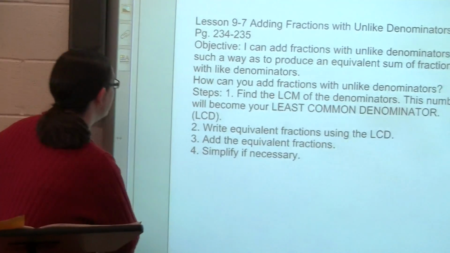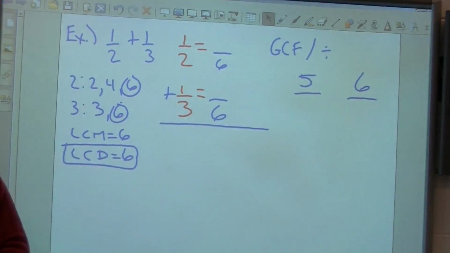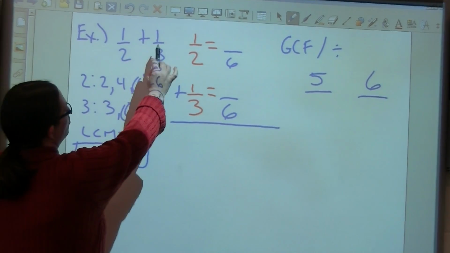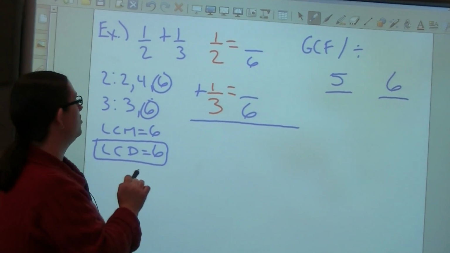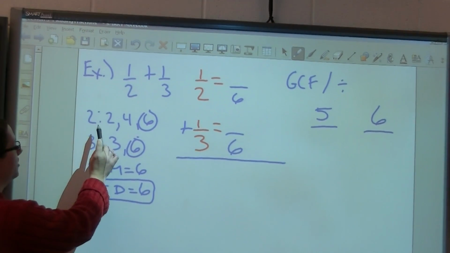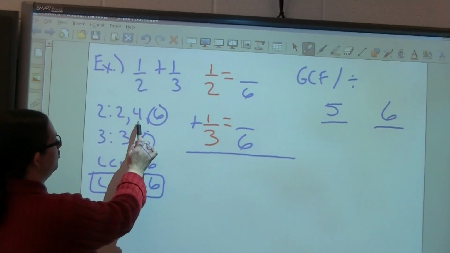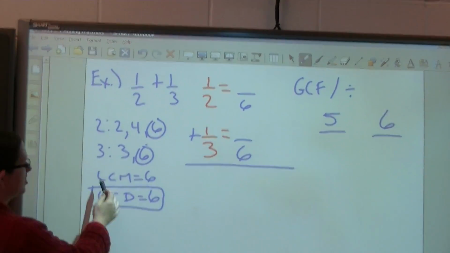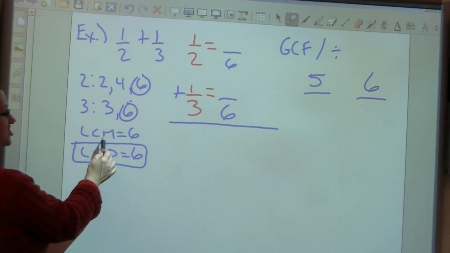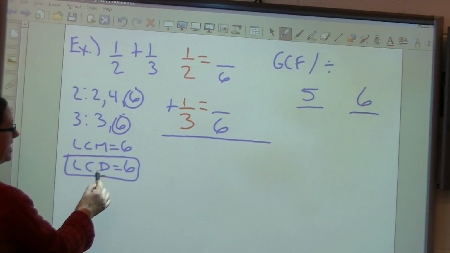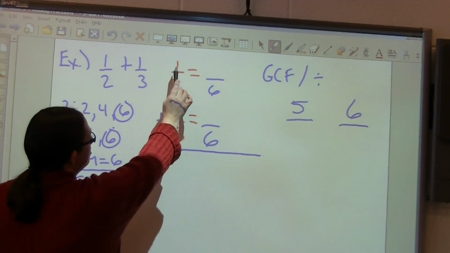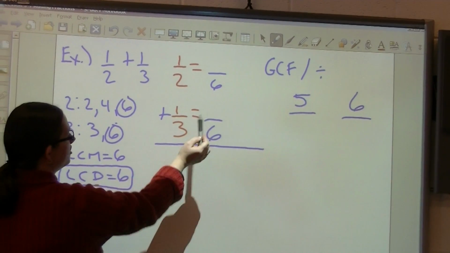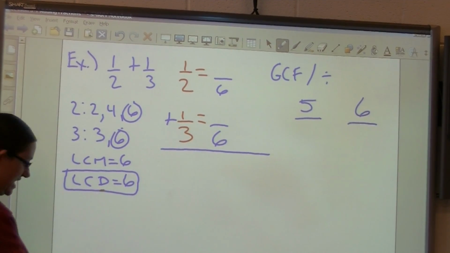Okay. All right, example 1. Let's go through it. We have 1/2, you want to write this in your notes, plus 1/3. And we're going to do what they basically wrote in the textbook. So let's get our multiples of 2 and 3. So you have 2, 4, and 6. And multiples of 3 are 3 and 6. So your LCM becomes 6, which changes to your LCD representing your denominator. So now we make our equivalent fractions. 1/2 equals something out of 6. 1/3 equals something out of 6.